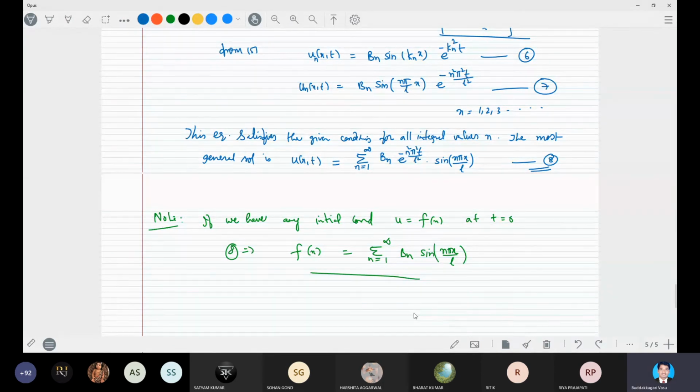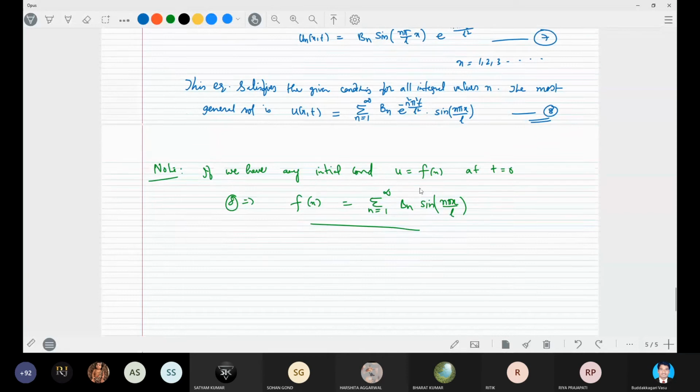This is a Fourier series, a Fourier sine series in the interval 0 to L. So from that Fourier sine series, you know the coefficient b_n. What is b_n?